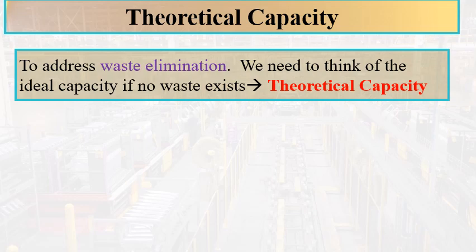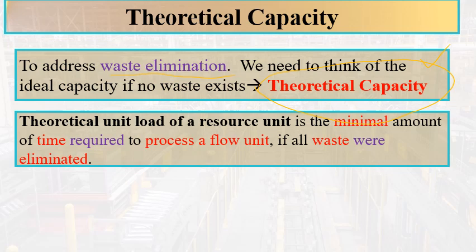So if we were to get rid of all the waste, then we would reach theoretical capacity. And the theoretical capacity is based on the theoretical unit load, which is the minimal amount of time required to process a flow unit if all the waste is eliminated, gone.